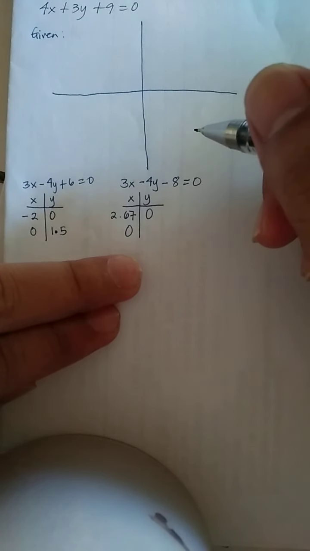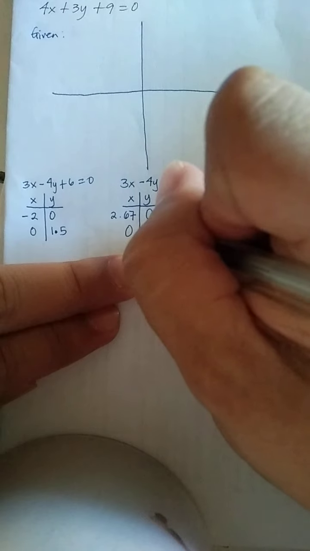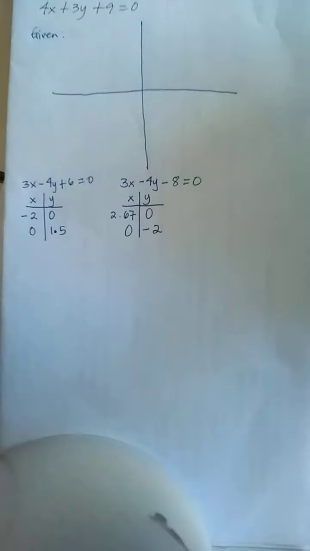Next, when x is 0, y is negative 2. Let's graph these two lines first.